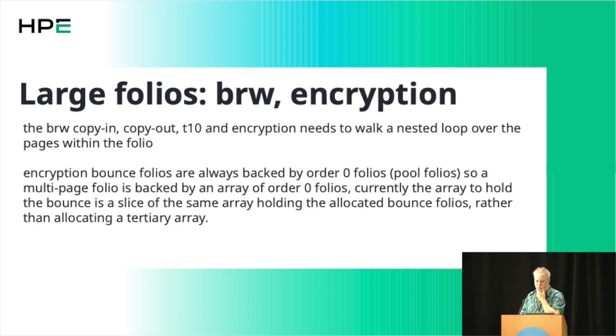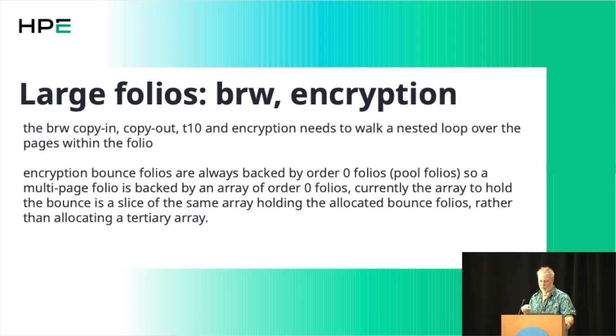So, how does this work with encryption? Whenever we copy in, copy out, do our T10 DIF handling, we all need to walk a nested loop of BRWs, so we have to walk all the pages and copy them in and out. All of the encryption is still page-oriented, even as some APIs are coming in now where the FS crypt can handle a folio being passed in, but it really only handles one page at a time.